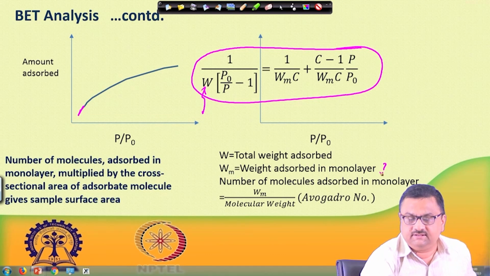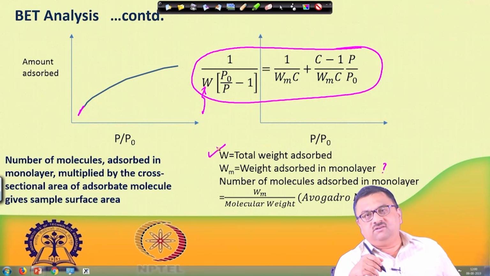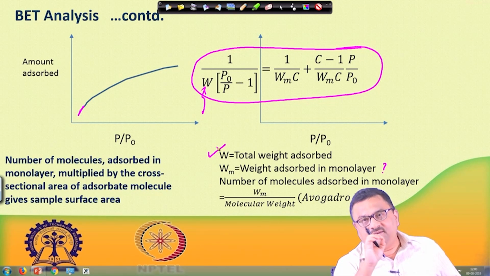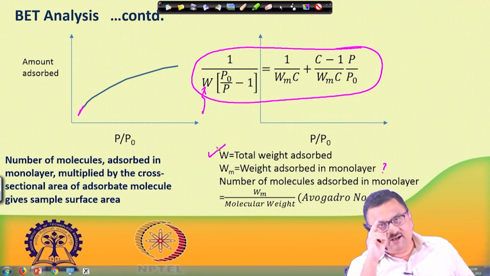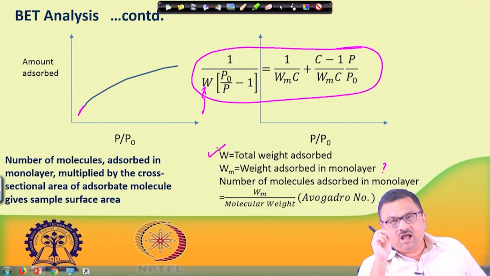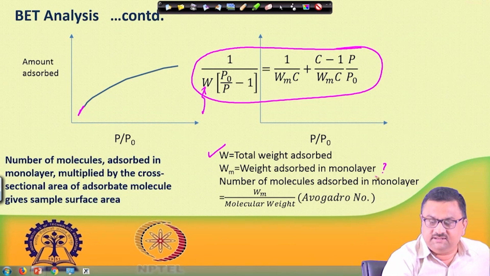I do not know what Wm is, but W I know, because I know how much extra nitrogen has gone into that enclosed chamber. If I maintain a book of how much nitrogen is going in right from the start, then I can find out how much nitrogen is adsorbed. So, that is basically W, and that W changes with pressure. And Wm is something which I want to know.